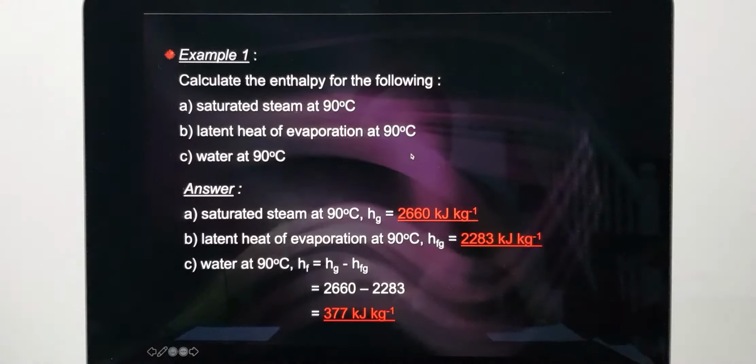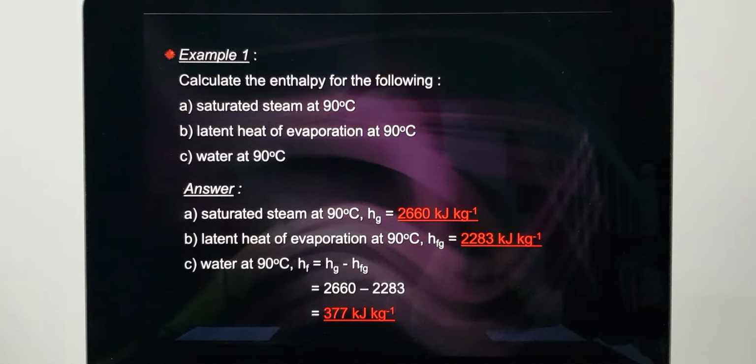Now we look at example number 1. Calculate the enthalpy for the following: saturated steam at 90 degrees Celsius, latent heat of evaporation at 90 degrees Celsius, and water at 90 degrees Celsius. This one is a very straightforward example whereby you answer the question by simply looking at attachment number 1.